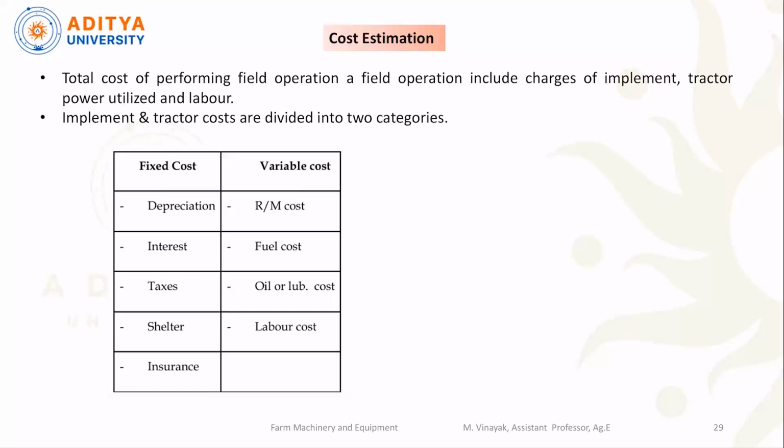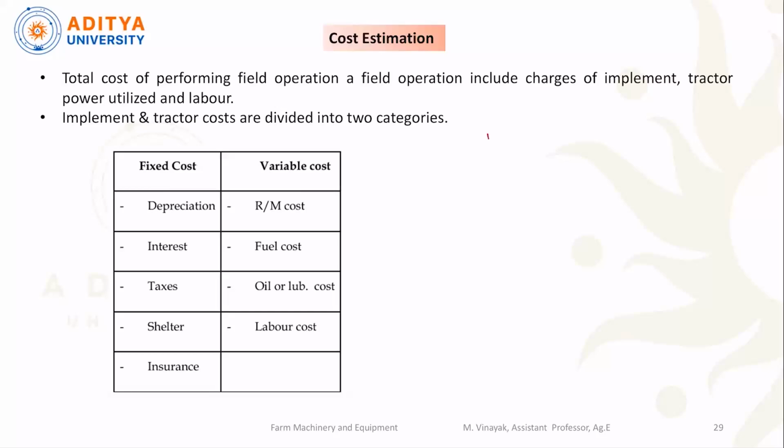So for the calculation of the cost estimation, we need to consider the tractor cost as well as implement cost, as well as any labor required for operating the machine. Next, the fuel charges and repair and maintenance charges also need to be considered for the estimation of the cost.